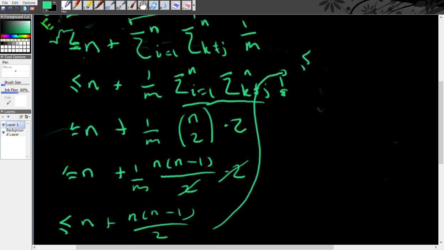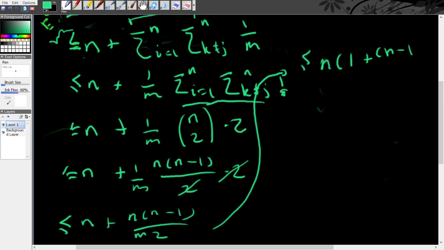This is less than or equal to, so actually some of these are the same, but I'll just leave it as an inequality because it doesn't make sense to change it now. This would be the same as n, factorizing it out, 1 plus n minus 1. Oh, I forgot an m. So this m goes in here.